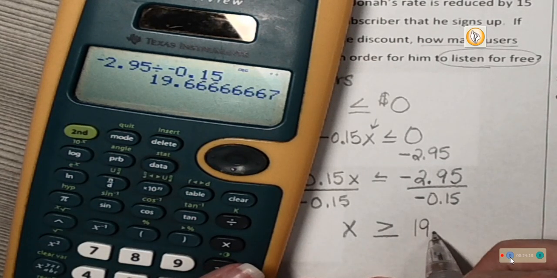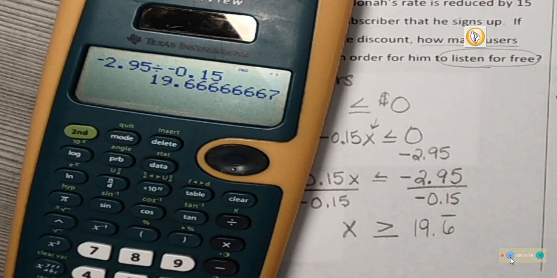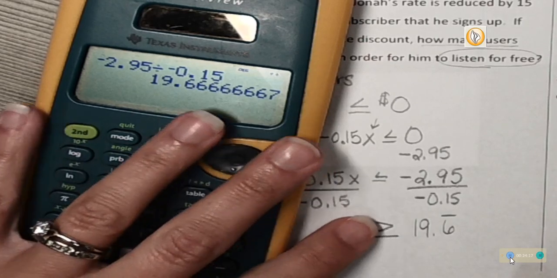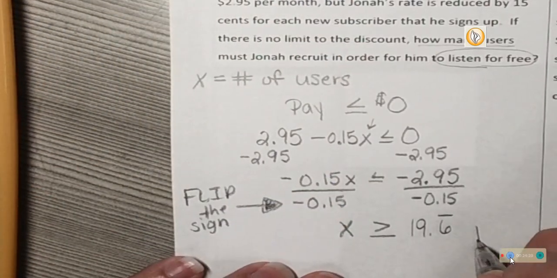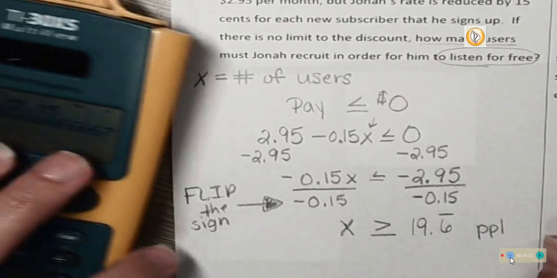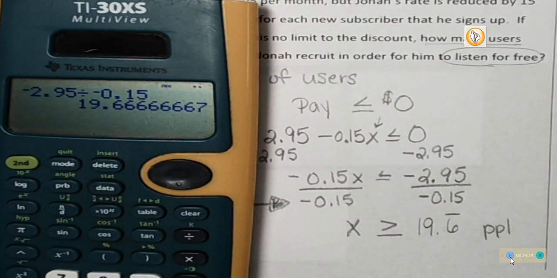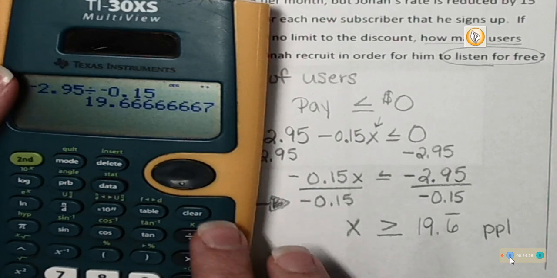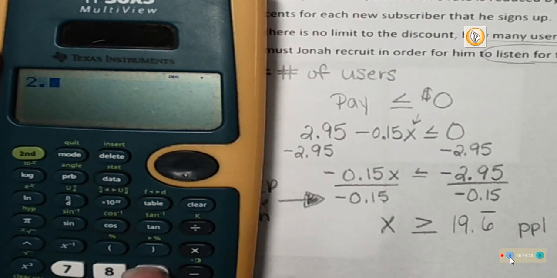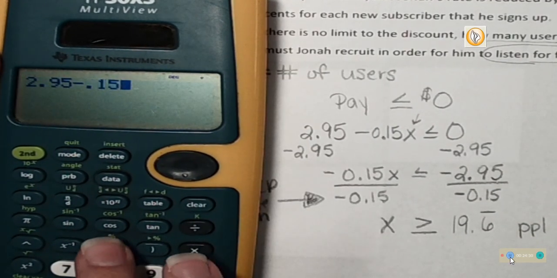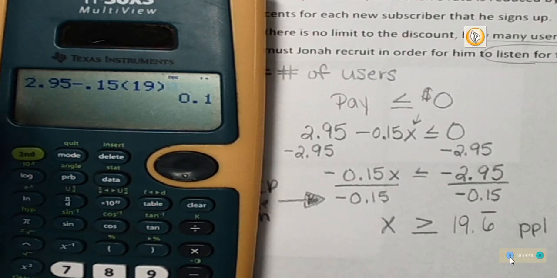Can you convince 19.6 people to sign up? No, you can't have 0.6 of a person. So what you've got to do is figure out, is 19 enough or do I need to go to 20? So 2.95 minus 15 cents for 19 people.